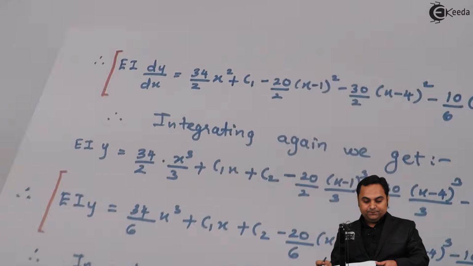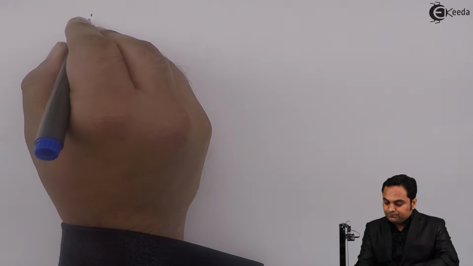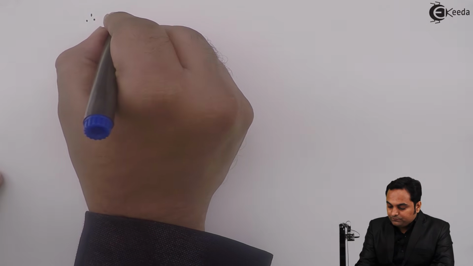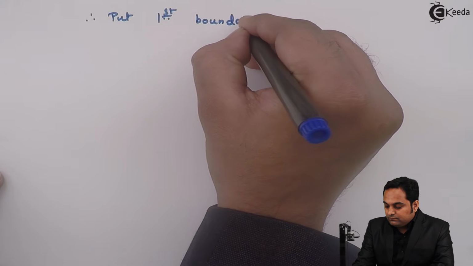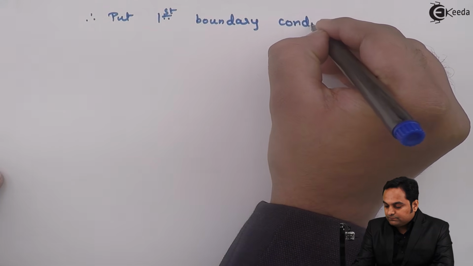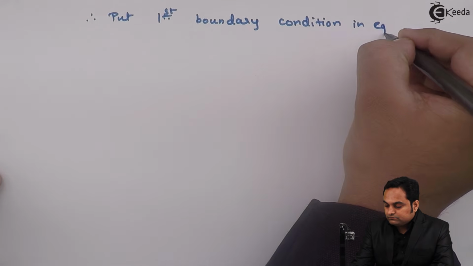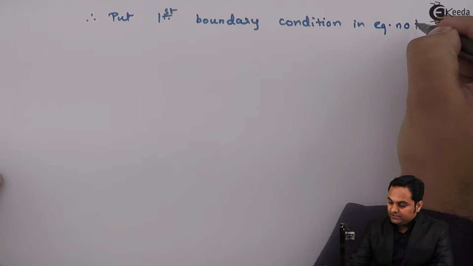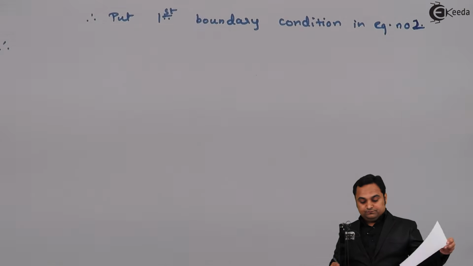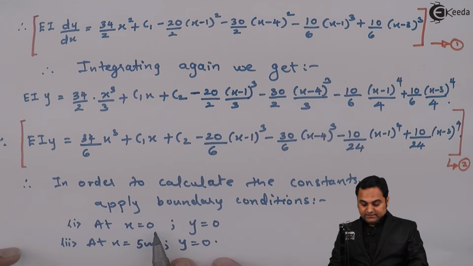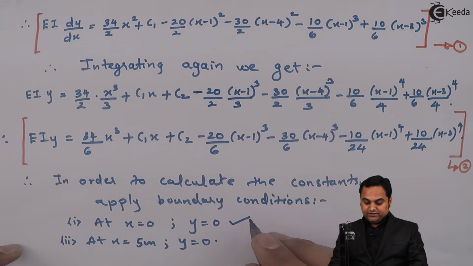So I'll say that therefore put first boundary condition in equation number 2, because we want deflection. Now here at x is equal to 0, y is 0, this is the first condition.